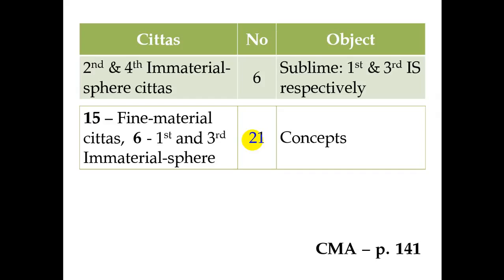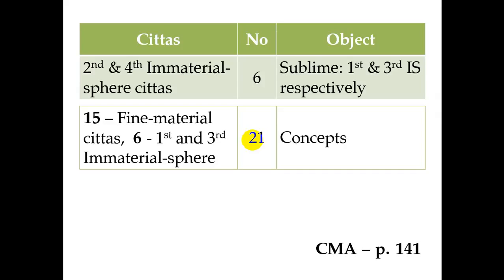Just now I heard that the first immaterial jhana, the object is still the earth kasina, but then the second one will go into space. No, it's not correct. The first immaterial jhana takes the concept of space.